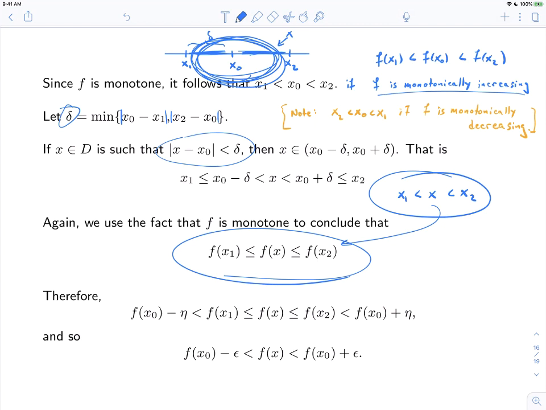So again, we're assuming that f is monotonically increasing, but we're just doing that to make it easier to write out.